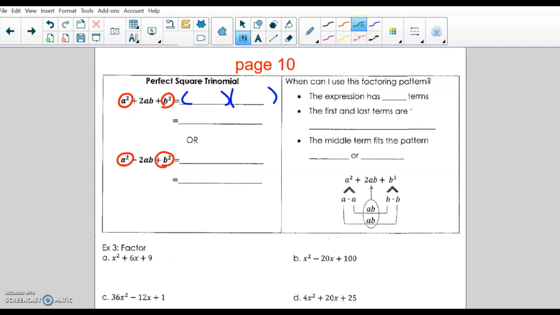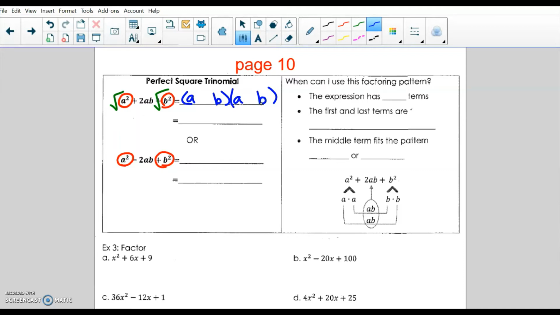So what you're going to end up doing is taking the square root of both the a term and the c term. That's the first term and the last term. The square root of the first term will be a and a, just like we've done with x squared turning into x and x. And then the square root of the last term, which is b, will go in the last spot of each parentheses.